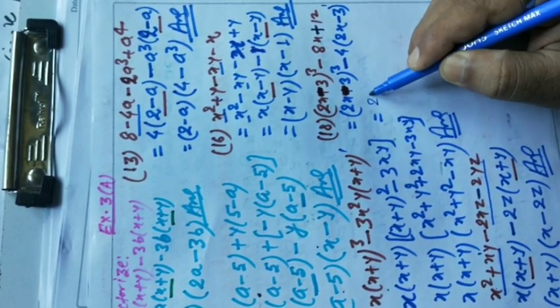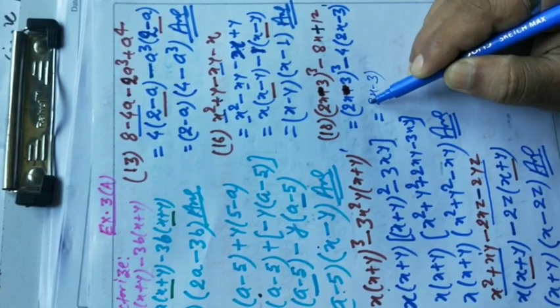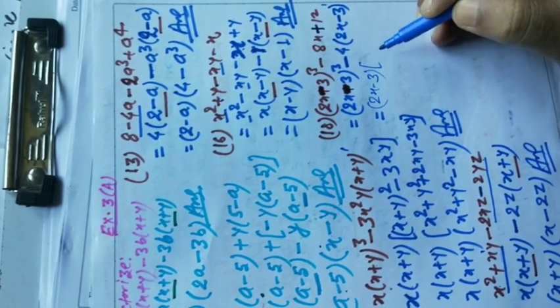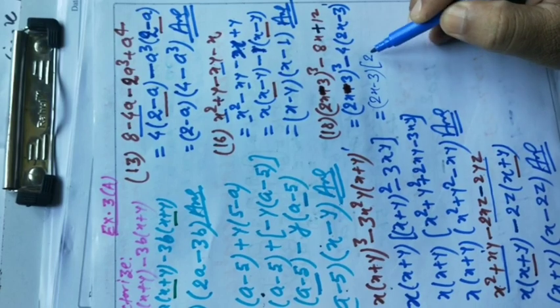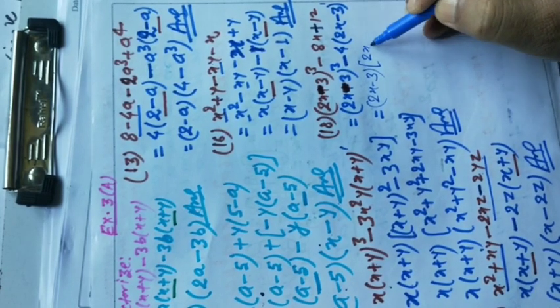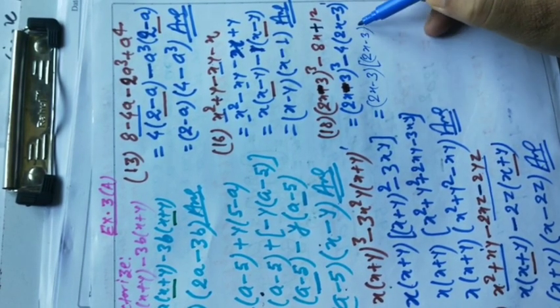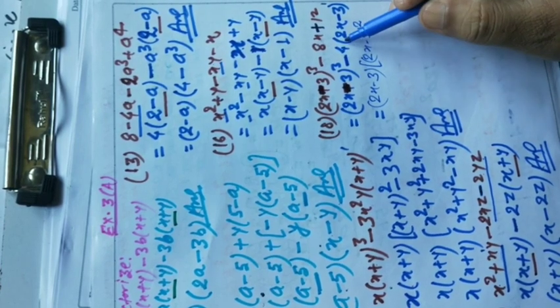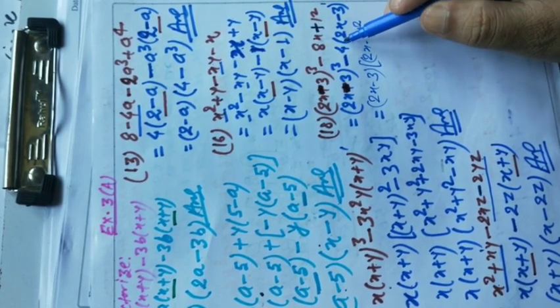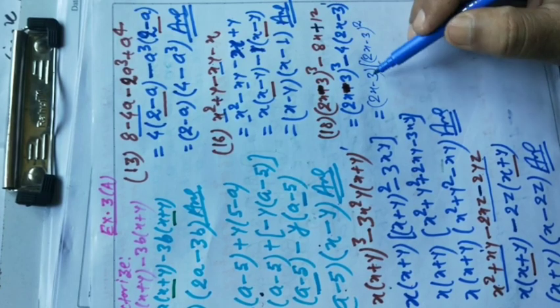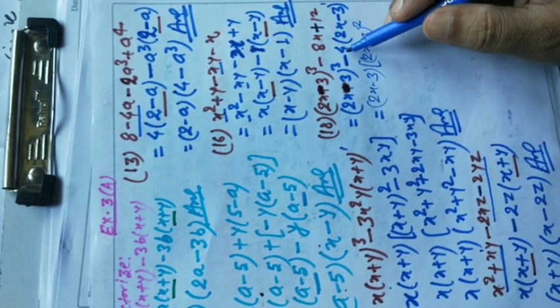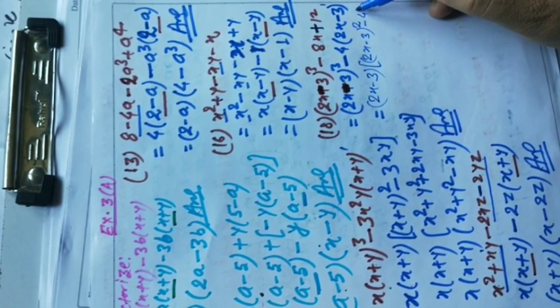So take 2x minus 3 as common, then put the big bracket here, and what is left here is 2x minus 3 the whole square, and then here if we divide, this 2x minus 3 will cancel with 2x minus 3, then minus 4 will be left here.